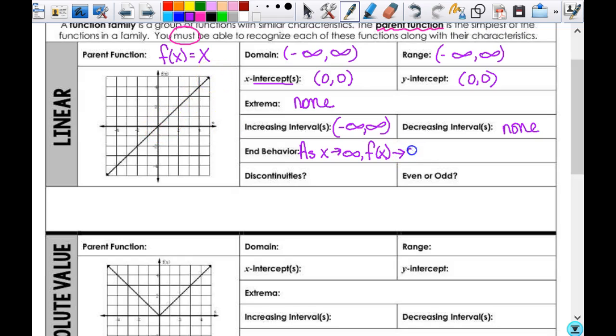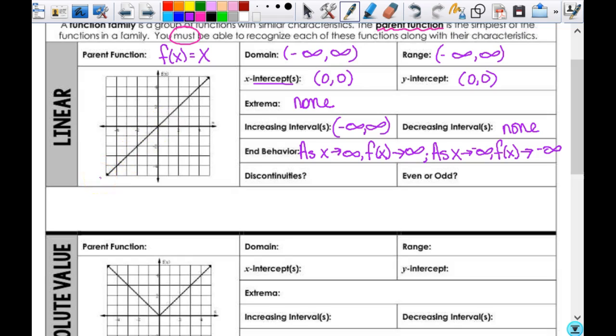Infinity also. Good. And then as x approaches negative infinity, f of x approaches what? Negative infinity. Yes, negative infinity. Okay. Everybody okay with that?